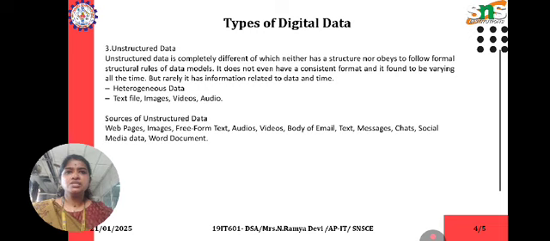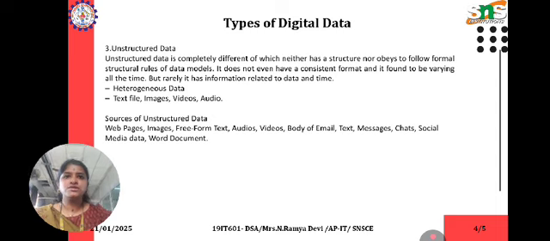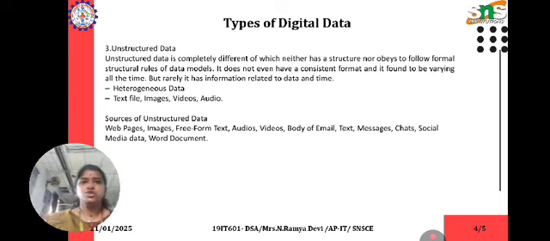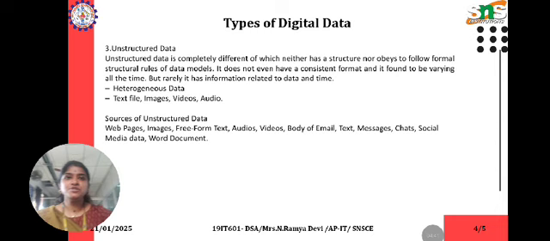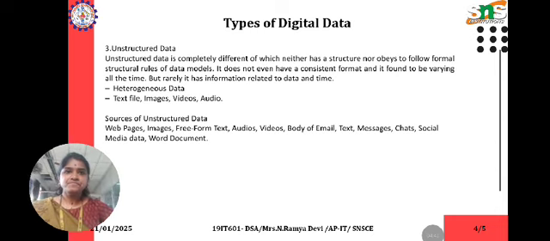Heterogeneous data like text files, images, videos and audios are completely unstructured, and it is very difficult to process. Some sources of unstructured data are web pages, images, free-form text, audios, videos, body of email, text messages, chats, social media and Word documents.